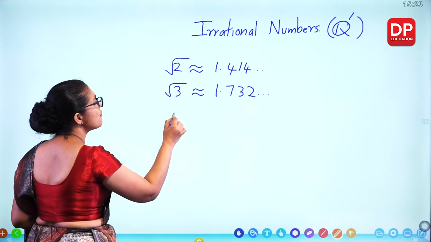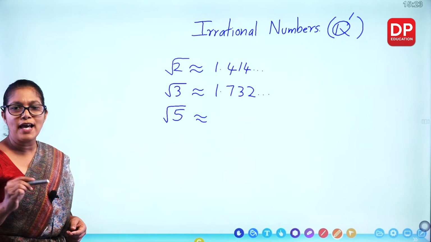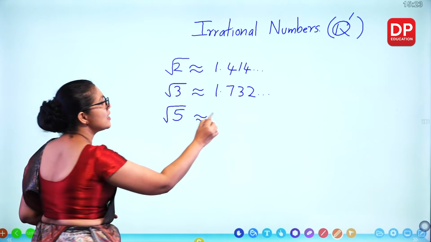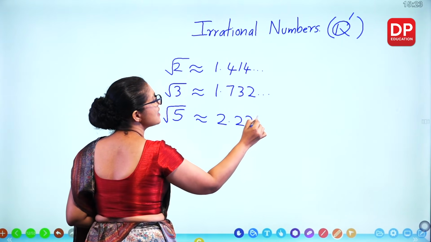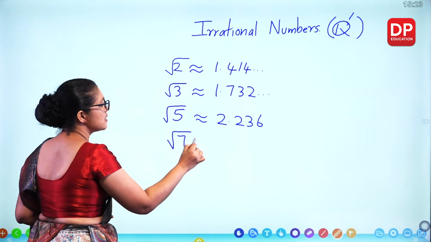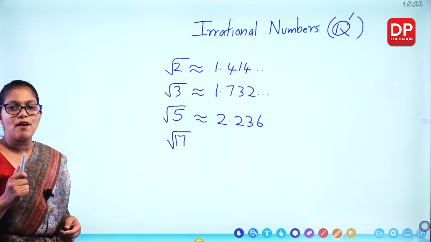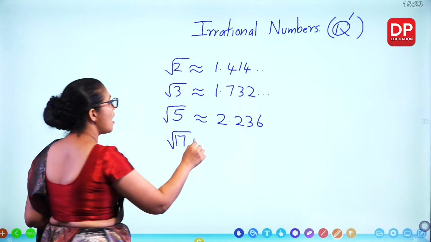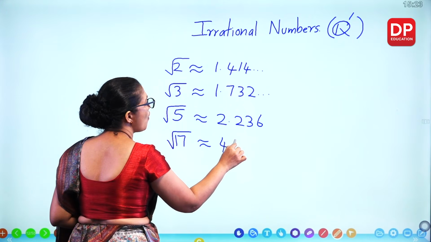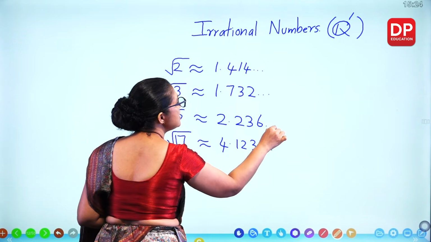What about root 5? What's the root 5 value? 2.236 roughly. What about root 17? What's the value for root 17? 4.123, and also it's not ending.